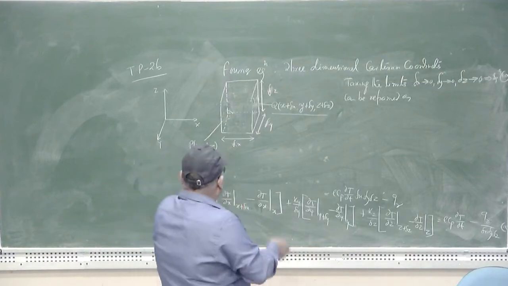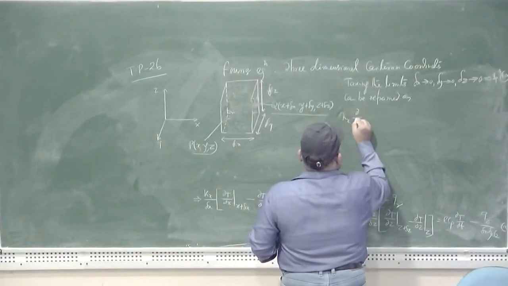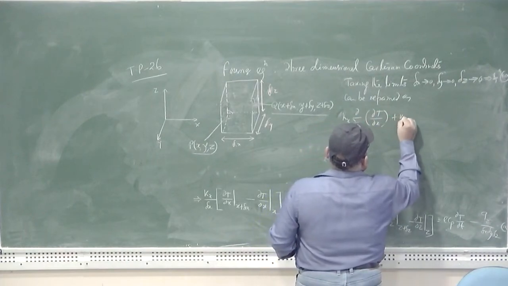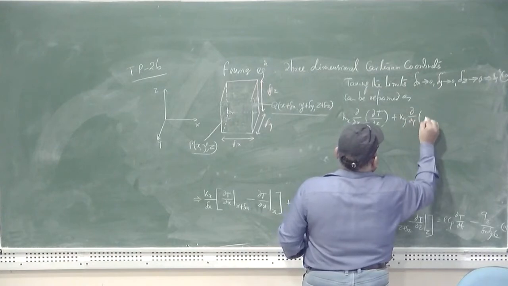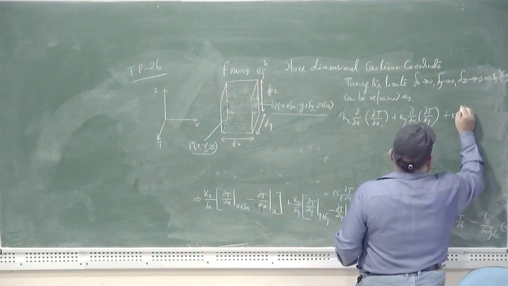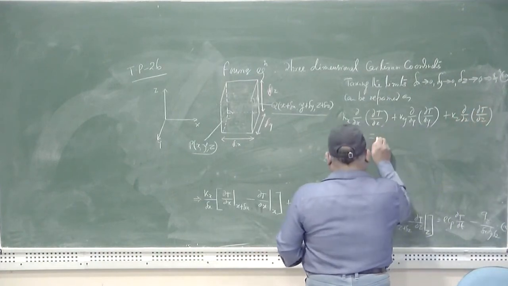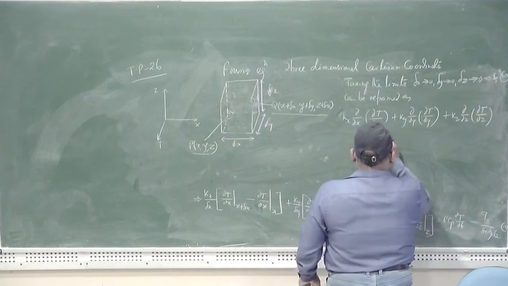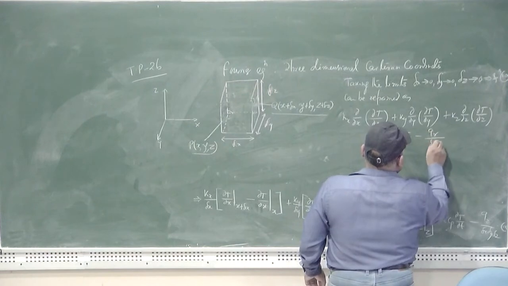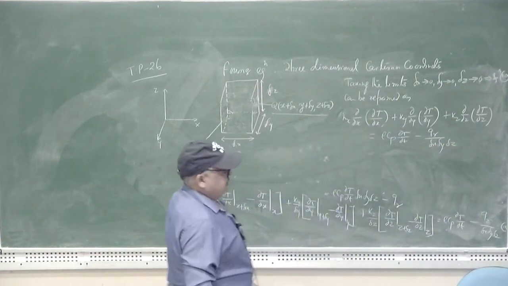So this equation can be written as kx del by del x, del T by del x, plus ky del by del y, del T by del y, plus kz del by del z, del T by del z. That should be equal to rho Cp del T by del t minus Qr divided by delta x, delta y, delta z.